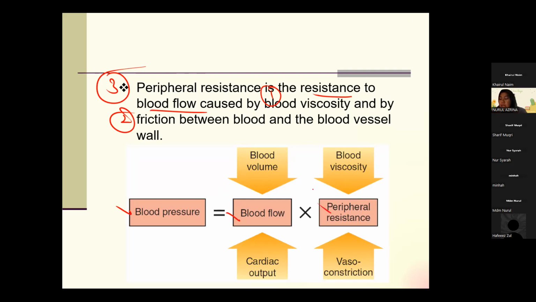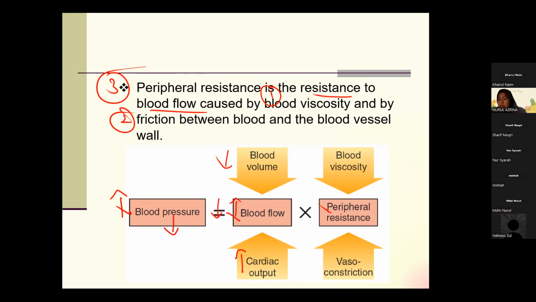When the cardiac output increases, blood flow also will increase, thus increase the blood pressure. When the blood volume is decreased, so blood flow is decreased, then it will decrease the blood pressure.